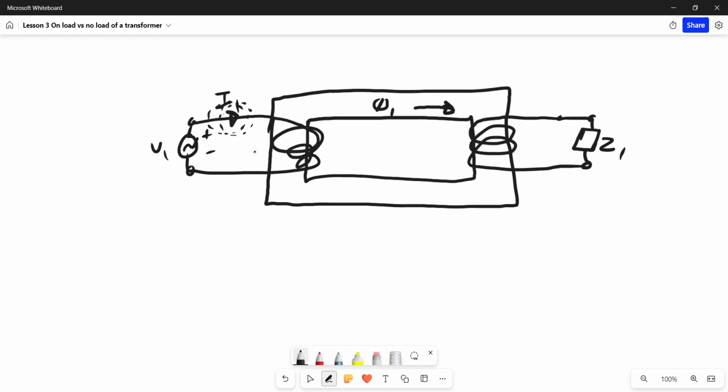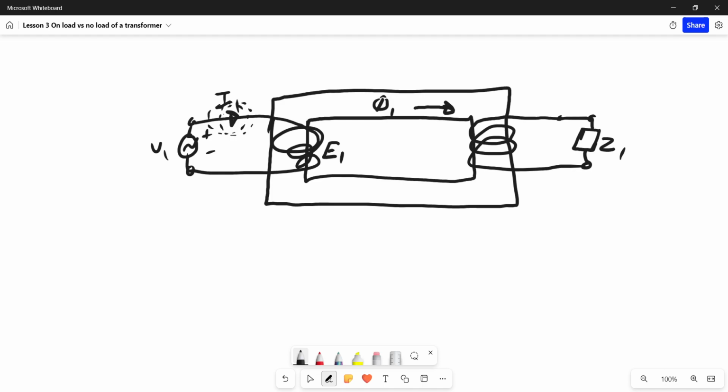So that current flows through a number of turns, and then it will cause a flux 1 to be available inside the core. Okay, and then flux 1 cuts the first winding, and then when it cuts the first winding, it induces an EMF. We call it E1. Okay, E1 is equal in magnitude but opposite in direction to V1. Okay, all right, and then that is called self-inductance.